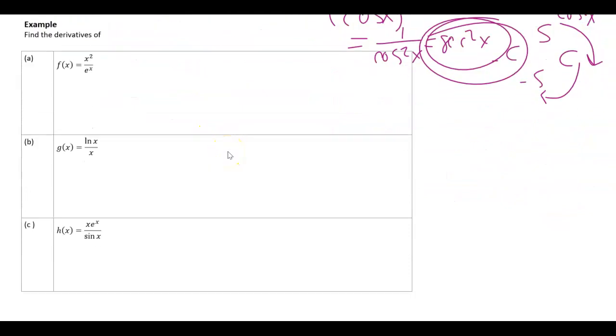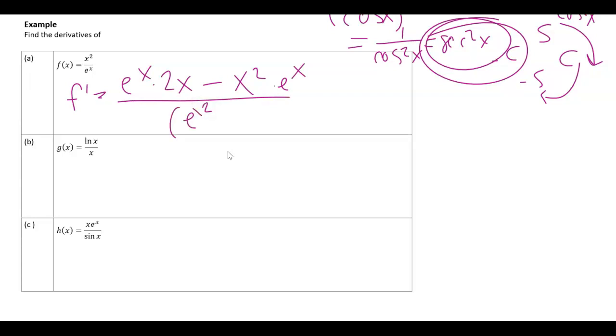Let's do a couple more. If I needed to find f prime, we would do low d high minus high d low all over low squared. This one I am going to do a little bit of some cleaning up.